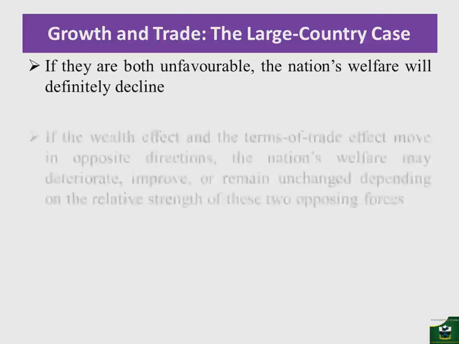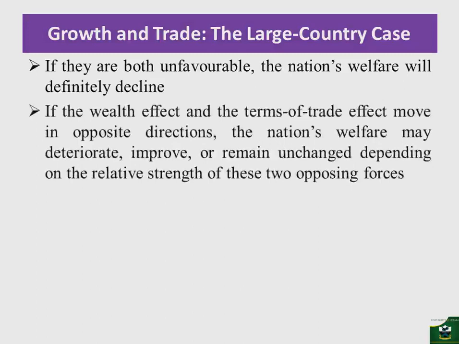And finally, if the wealth effect and the terms of trade effect move in opposing directions, the nation's welfare may deteriorate, may improve, or may remain unchanged depending on the relative strength of the two opposing forces. This should also be noted, that we are building this from the changes in factor inputs as well as technical progress. Let's look at the graphical illustration of the large nation.